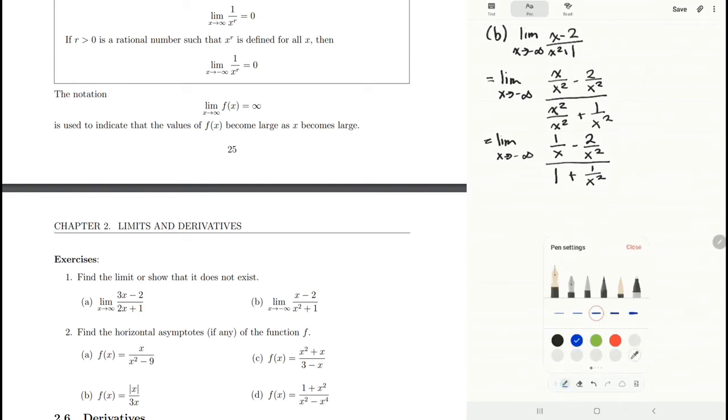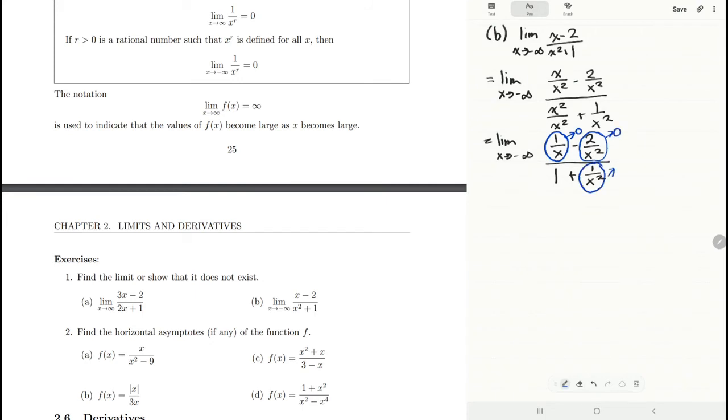So what happens to 1 over x as x goes to a very large negative number? Well, if we look at our theorem, we know that this will go towards 0. Similarly, we have 2 over x squared, and this will also go towards 0. And 1 over x squared, as x goes to negative infinity, will also go to 0.